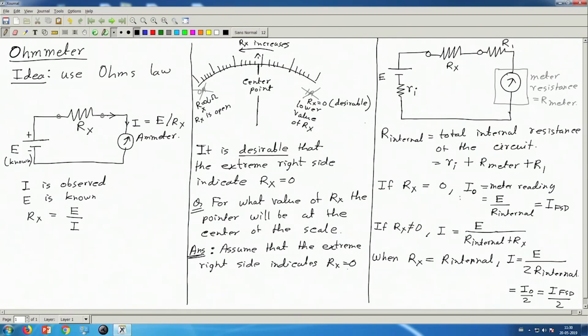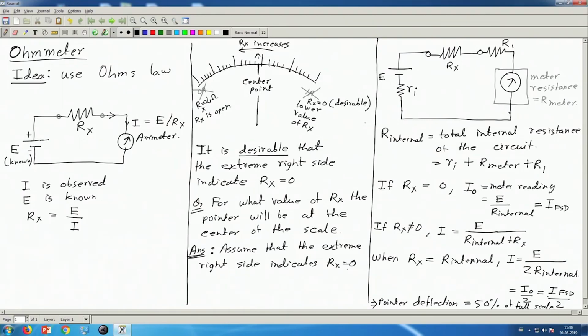That means when Rx is equal to R internal, the current flowing through the meter is half of the full scale deflection current, which means the pointer deflection will be 50% of full scale.